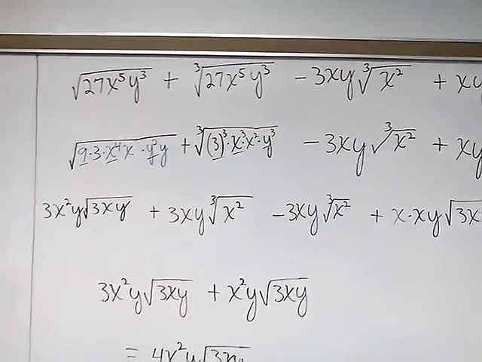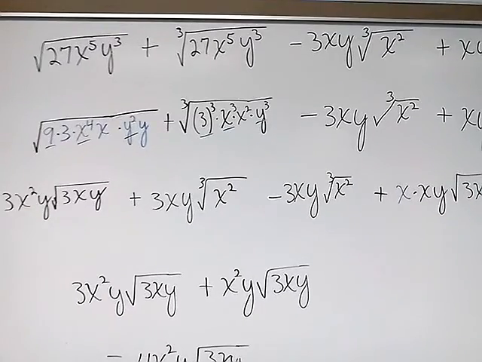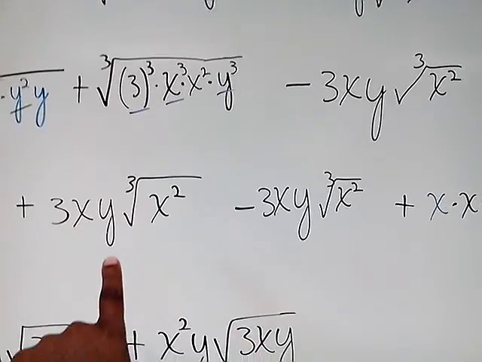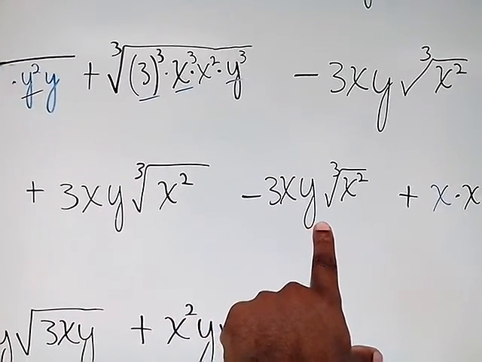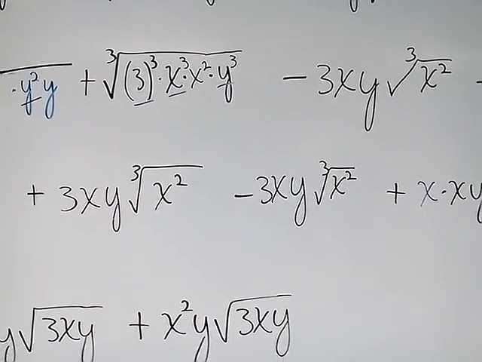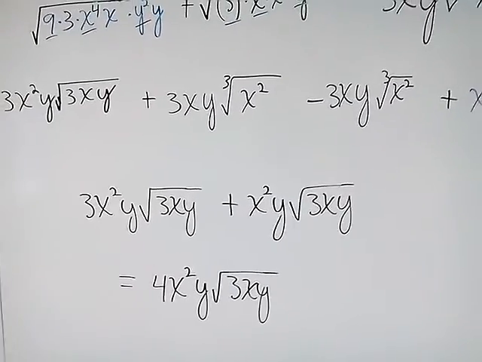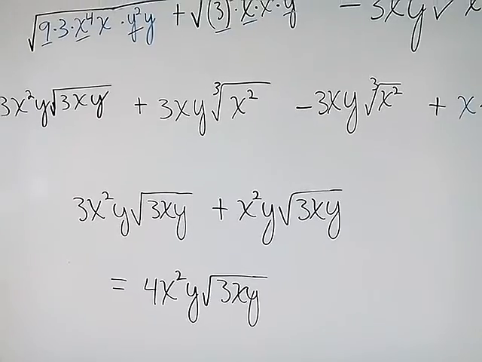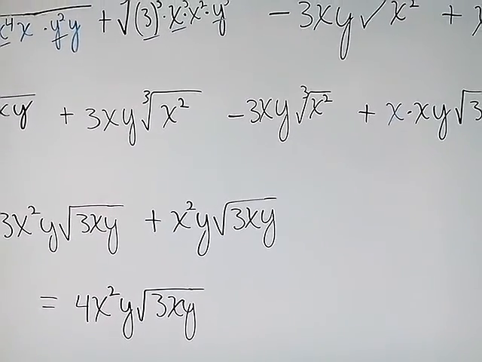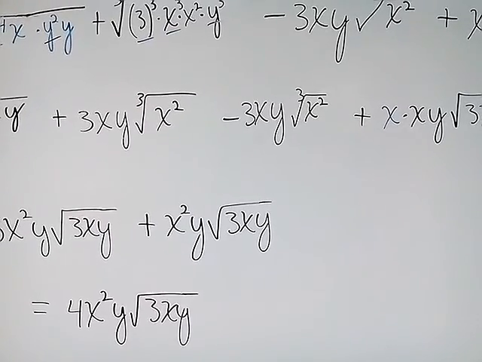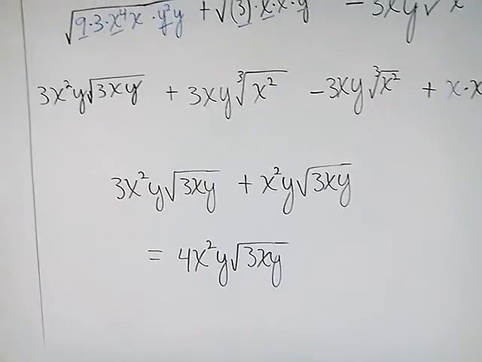In our next step here, we can cancel the 3xy cube root of x. So that cancels, leaving us with the 3x squared y, square root of 3x, plus x squared y, square root of 3xy. So we can combine those two now.